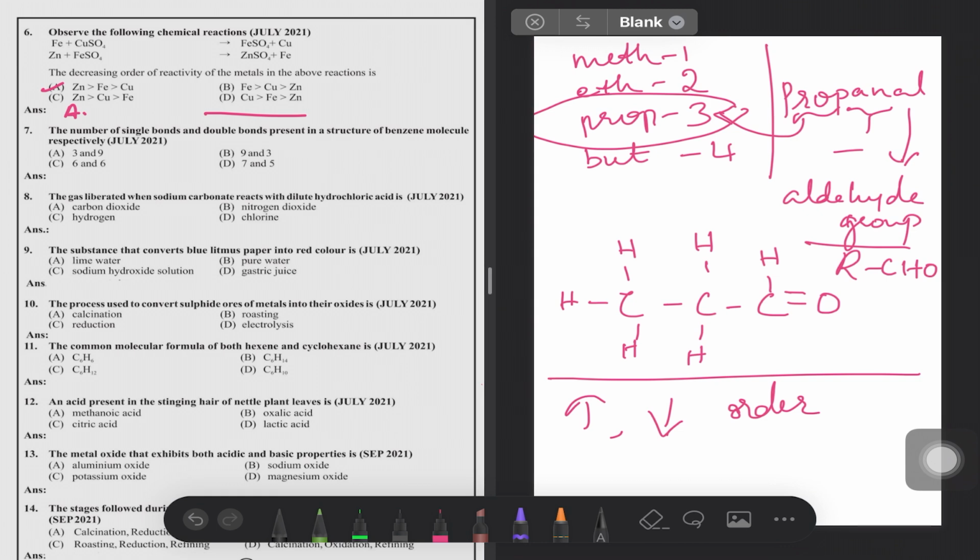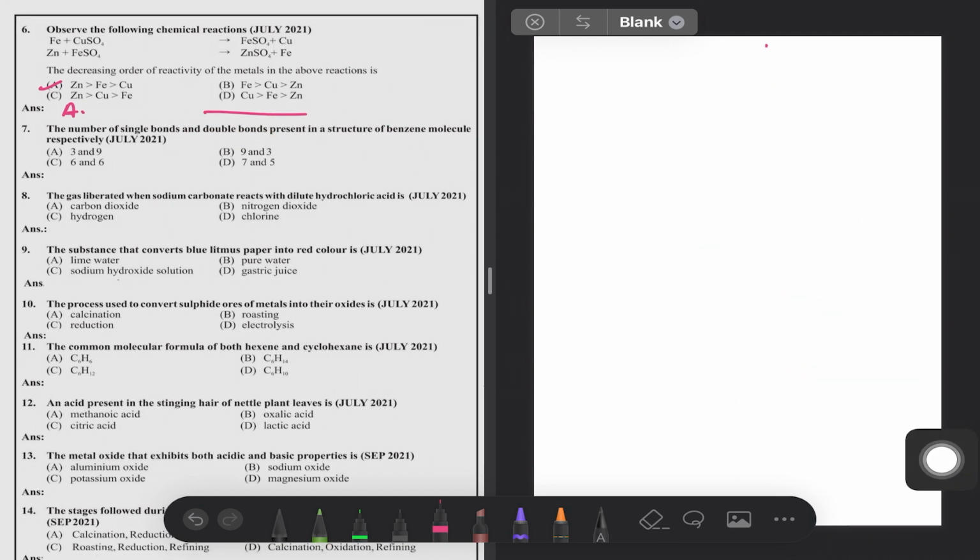Coming to the next question, the number of single and double bonds present in the structure of benzene molecule is. To know the number of single and double bonds in the benzene molecule, we should know the structural formula of benzene. So what is the formula for benzene? It is C6H6. This is the structural formula.